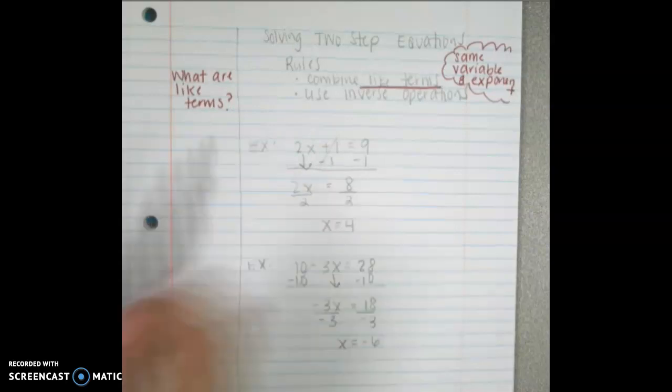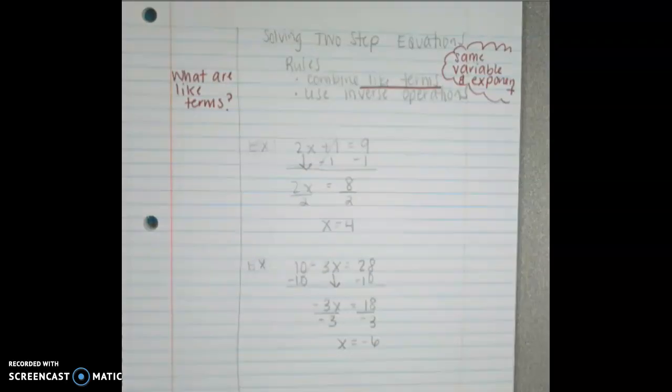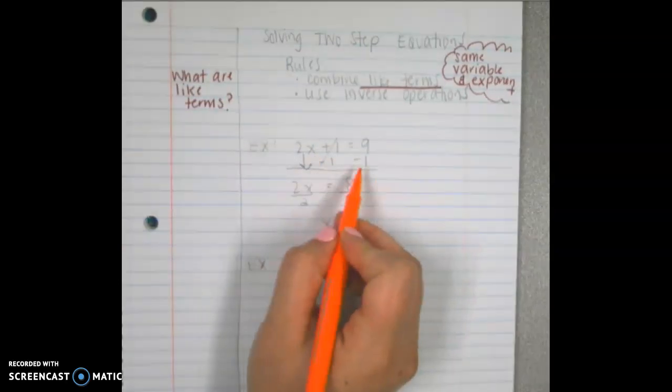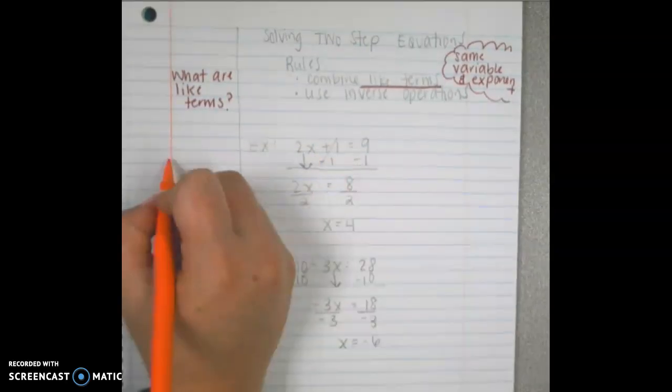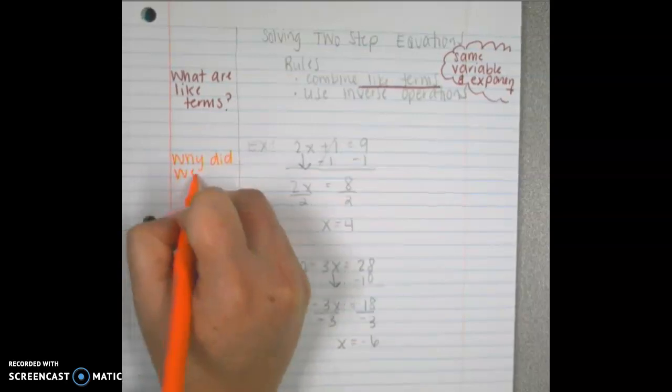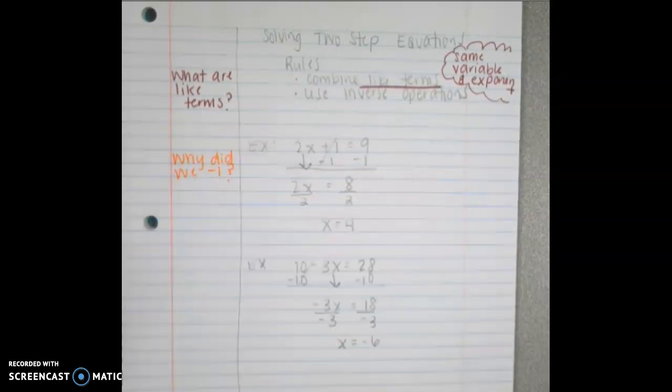Let's say a little bit further into our time together, somebody else had a different question. Somebody didn't understand why we subtracted 1 in this step. So we'll write down, why did we subtract 1? However you wanted to word it in your notes.